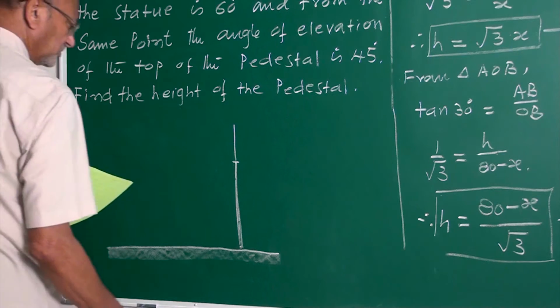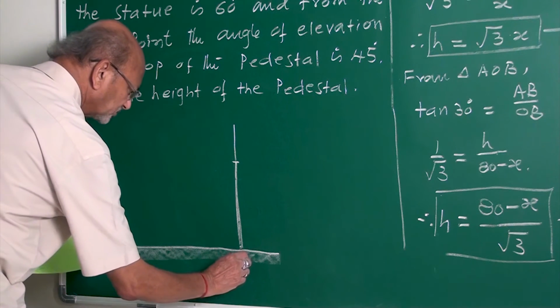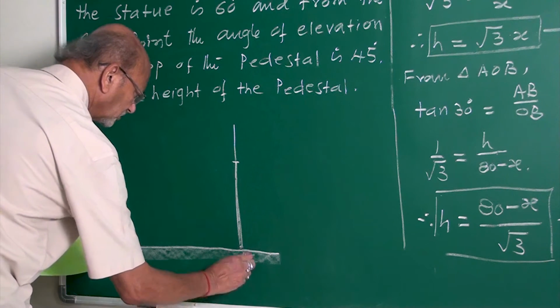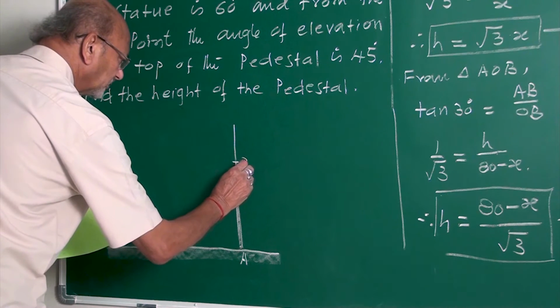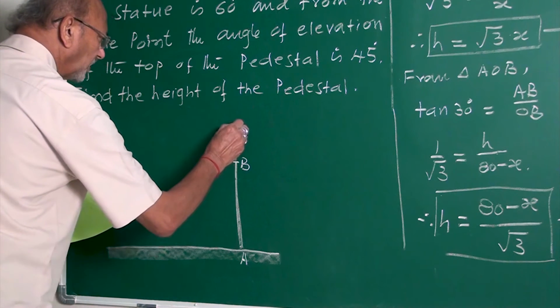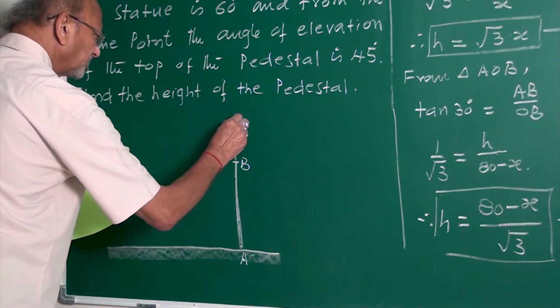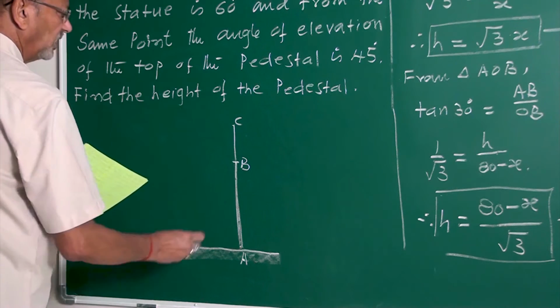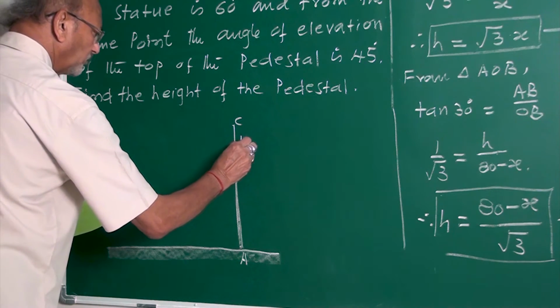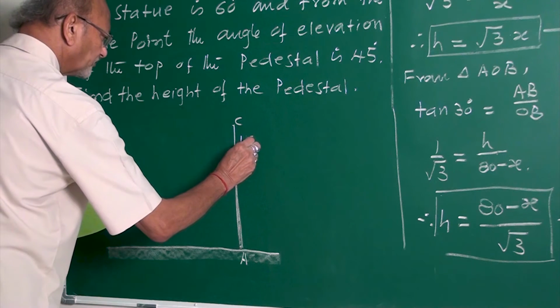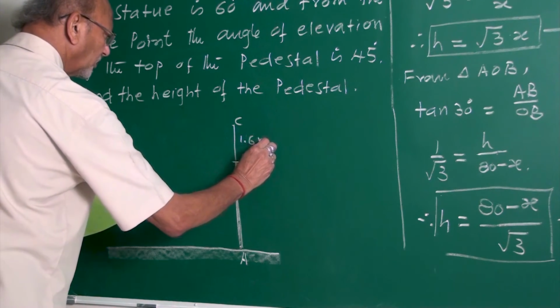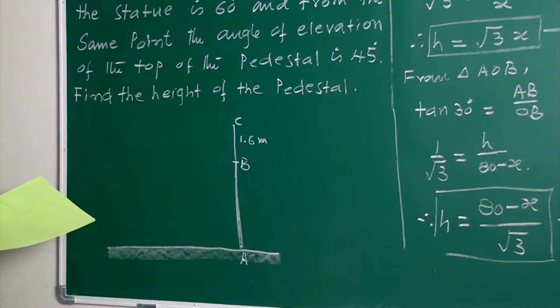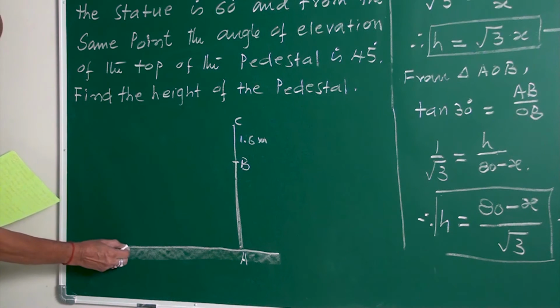Let AB be the pedestal and BC be the statue. The height of the statue is 1.6 meter. Then there is an observing point on the ground.